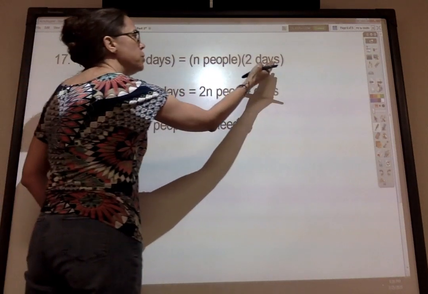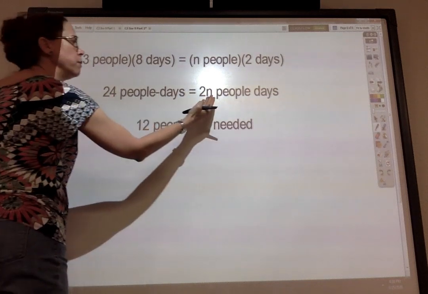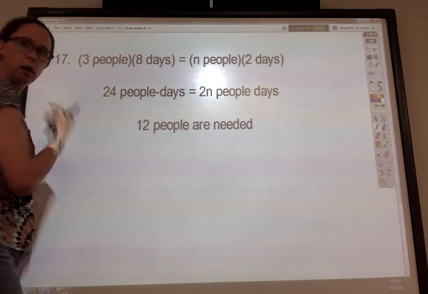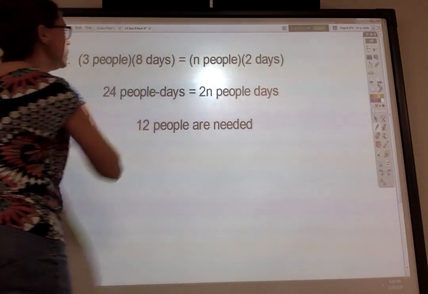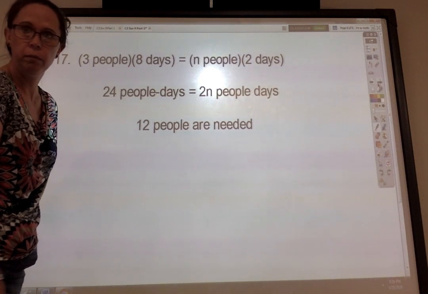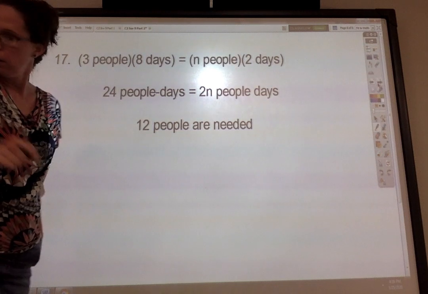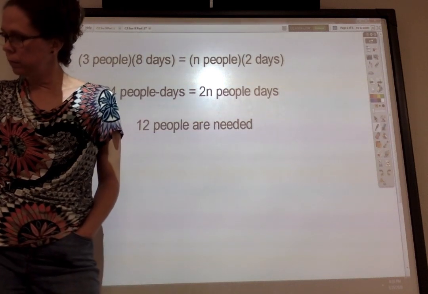So if I want it done in 2 days, how many people do I need? 24 divided by 2, that gives me 12 people. So if I want the job done in 2 days rather than 8 days, I need 12 people rather than 3 people. Okay, that finishes out investigation 9.